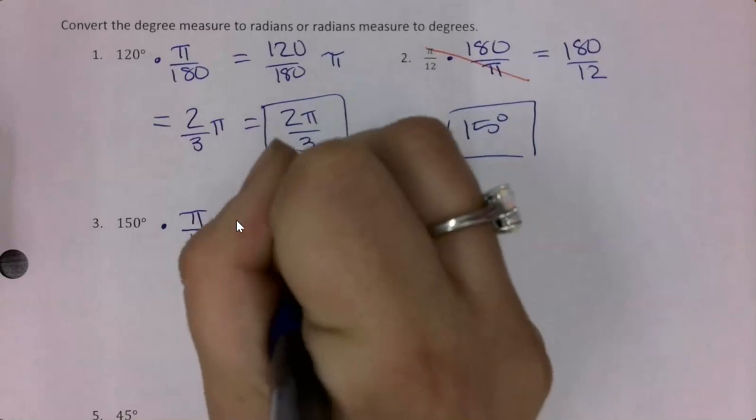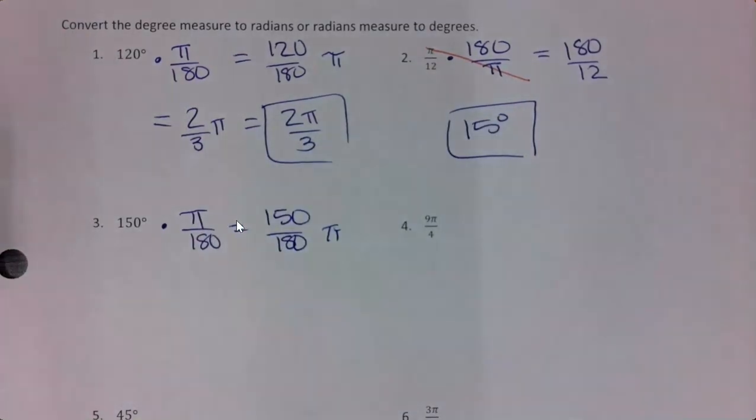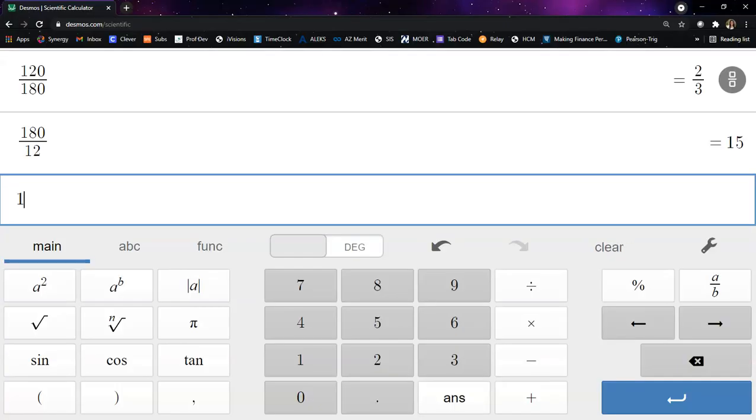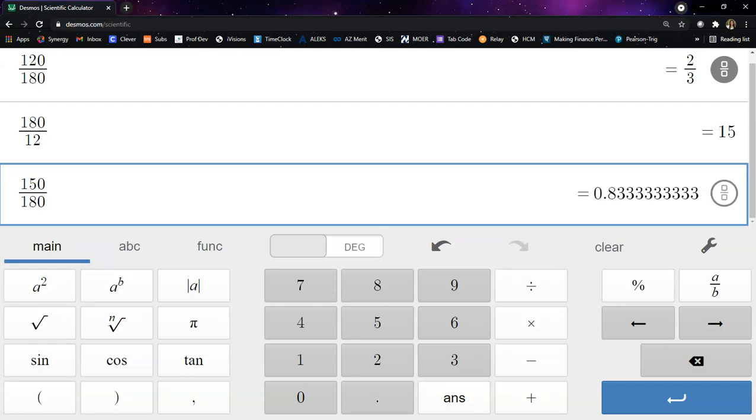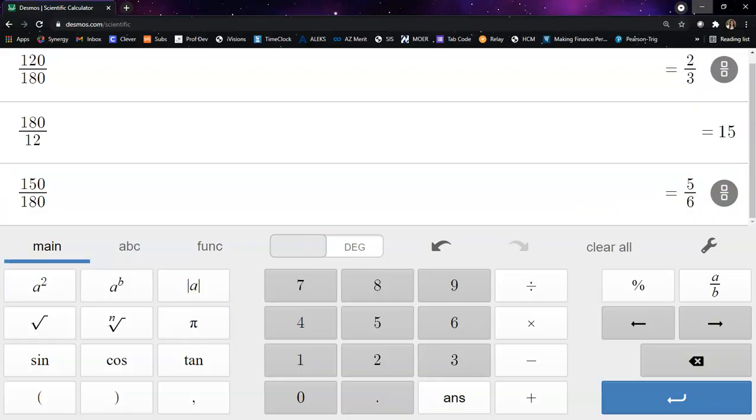So I'm going to have 150 over 180 times pi. I can go to Desmos and simplify that fraction, which gets me 5/6.